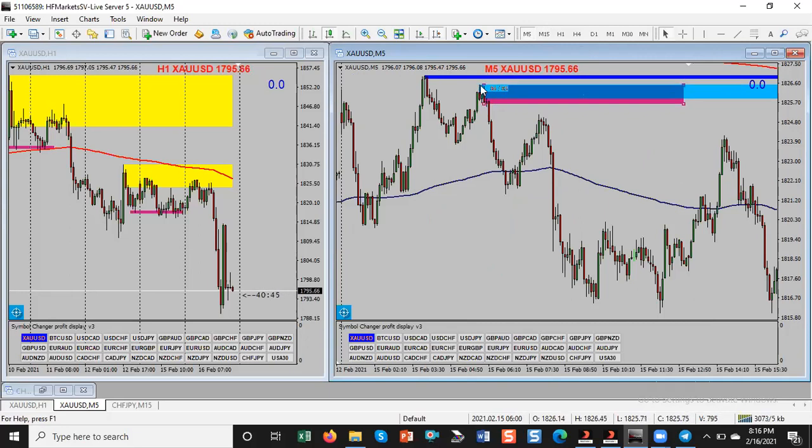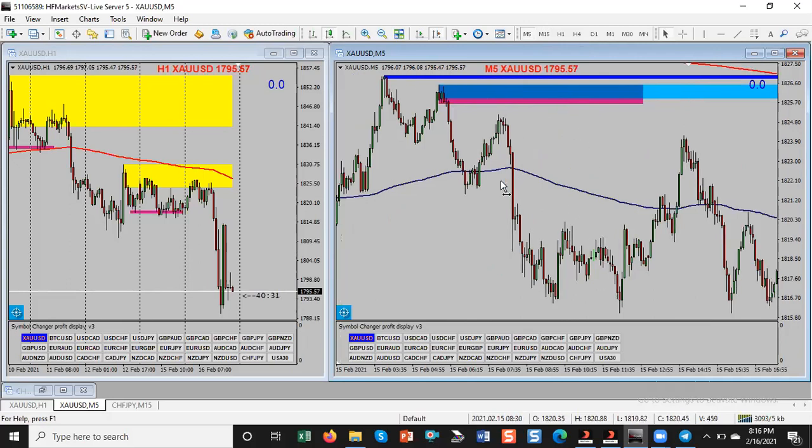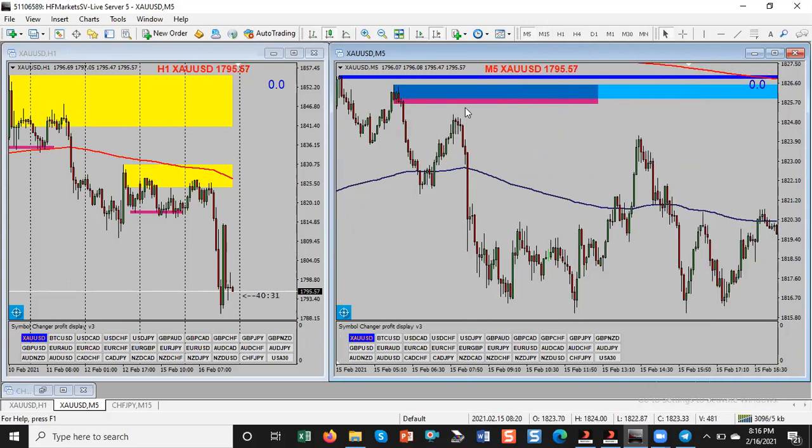But in your marking, you should add the upper zone. So we expect the price to get to this zone and drop. But unfortunately, price didn't get to it before dropping. So you see that price did not get to it before dropping.